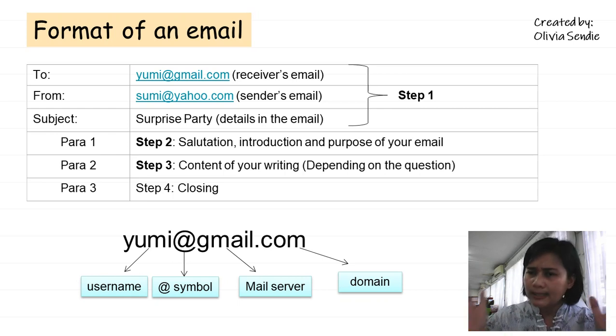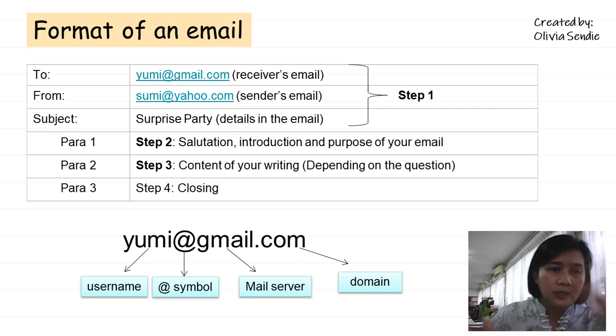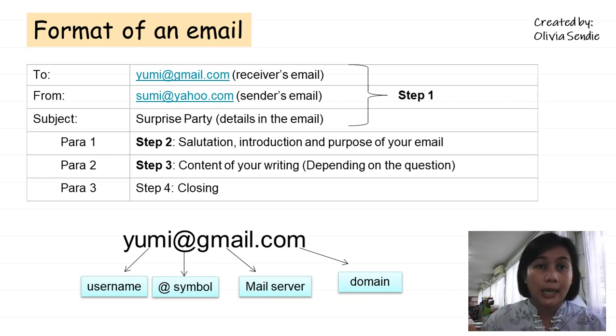yumi@gmail.com. We know that we have an email address, but do you know the parts of the email called? So the first part, usually people will use their name. Okay, so Yumi is the username, and then there's an at symbol. And then the mail server, we have Gmail, we have Yahoo.